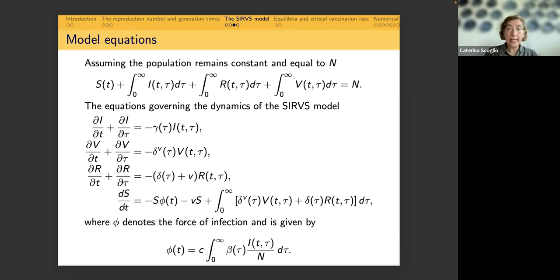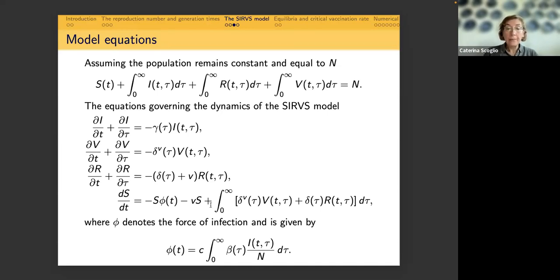For S, instead, as I said, the susceptible population does not depend on tau, so the derivative is only for t, and this derivative depends on the force of infection and the amount of flow going out of the S compartment because of the vaccination process.